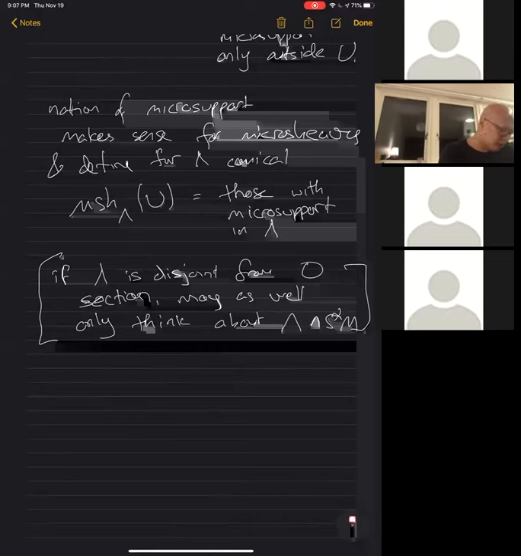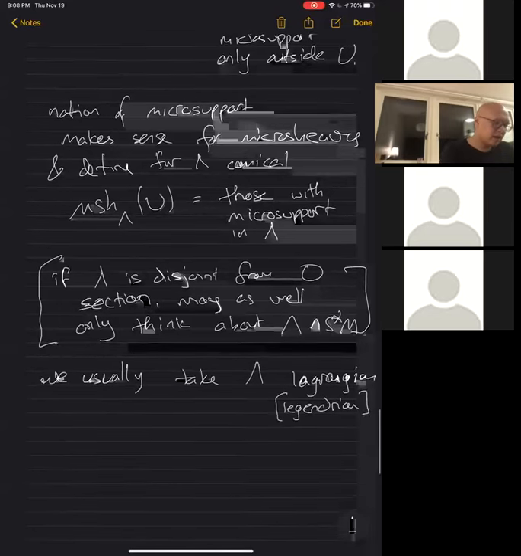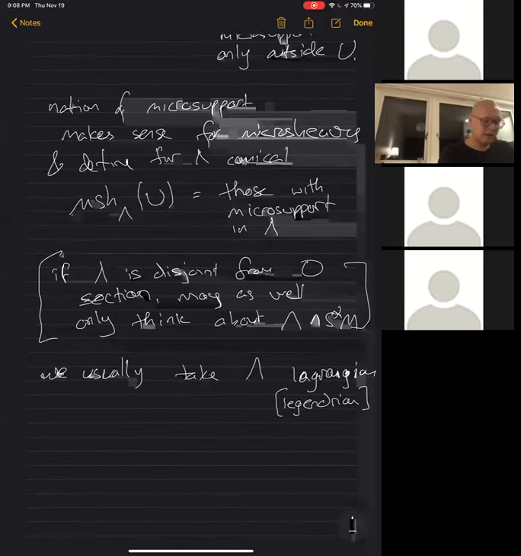So we usually take lambda either Lagrangian if it lives in the cotangent bundle, or Legendrian in the case in brackets, Legendrian.